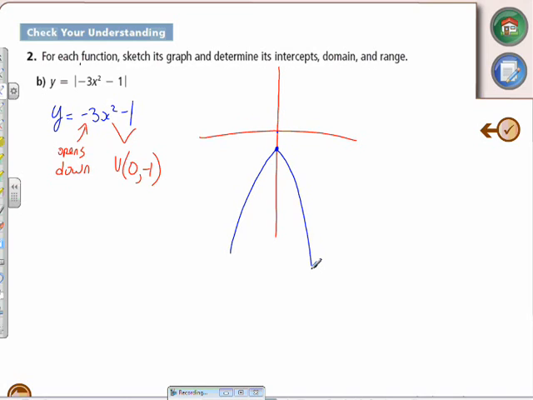I can see what's going to happen with the intercepts right now. If the vertex is below the axes and it's opening down, we have no x-intercepts. The y-intercept I can read right now because I just plotted it. -1. I don't have to go through and try to find it.